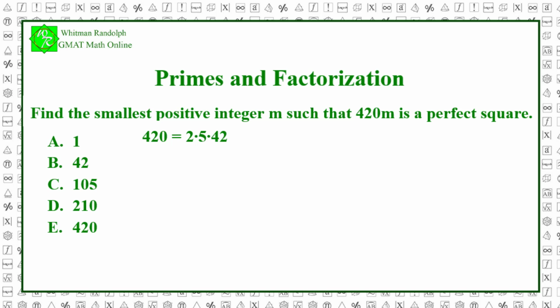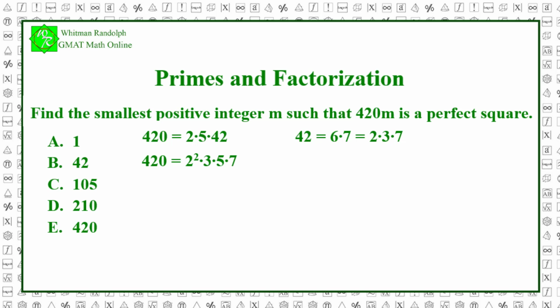But we also know that 42 equals 6 times 7, and that equals 2 times 3 times 7. So the complete prime factorization of 420 is 2 squared times 3 times 5 times 7. As you can see, we follow the standard practice of placing the numbers of the factorization in ascending order.